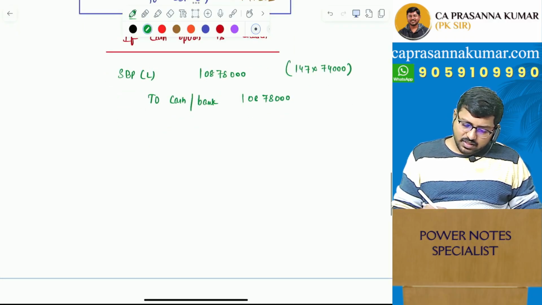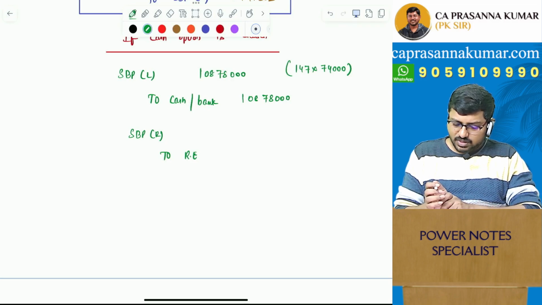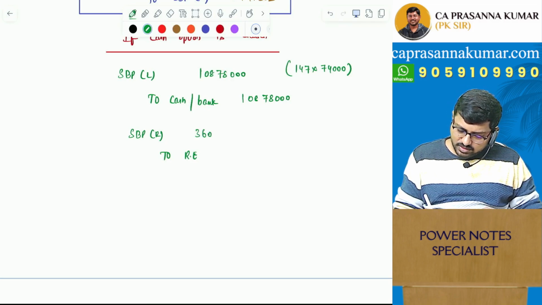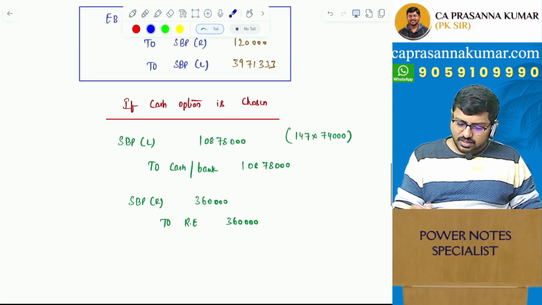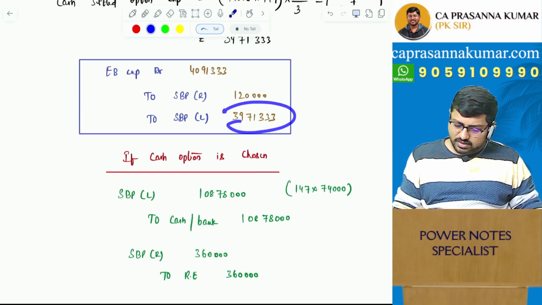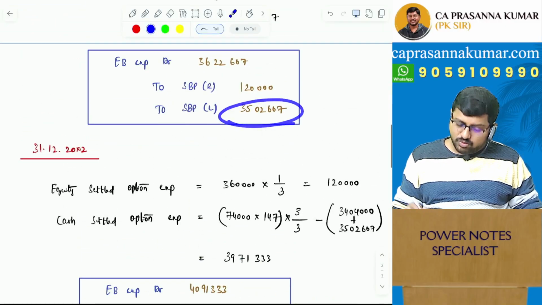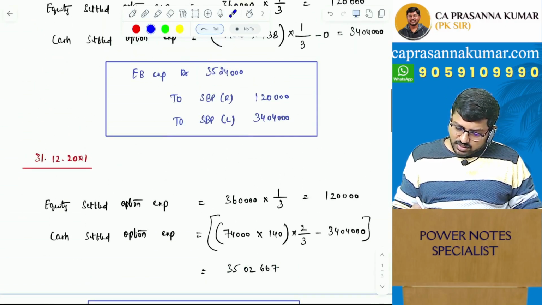Right? And whatever is there in SBP reserve, you'll be transferring that to what, Nana? Retained earnings. This also we know. How much is there in SBP reserve? Very easy, 3,60,000. Every year we have been taking 1,20,000, 1,20,000, 1,20,000. Correct? See, this is a shortcut. If you don't want this also, you'll go with the usual way. 39,71,333 plus 35 lakh 2,667 plus 34 lakh 4,000.